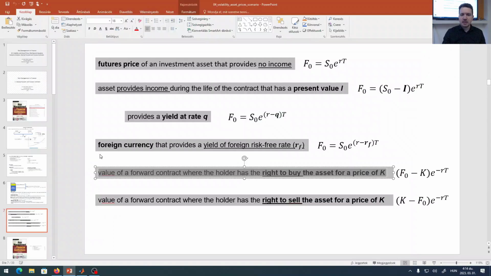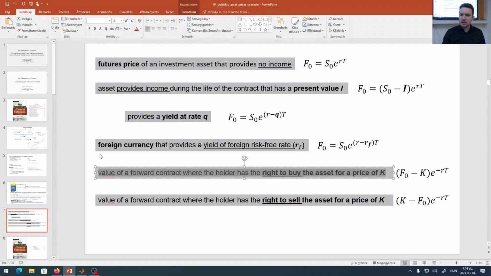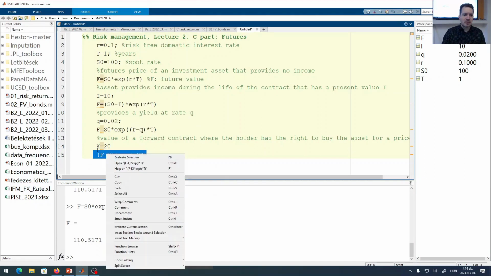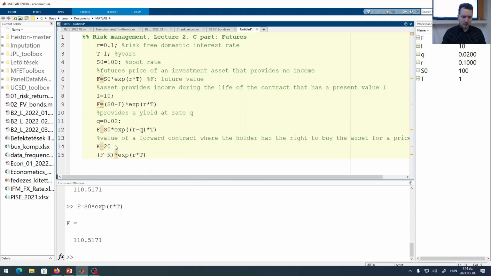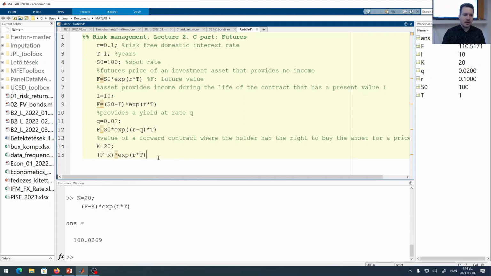Then this will be F minus K multiplied with, okay, we already had this setup. Yeah, and now this is the value of this contract. Cool.